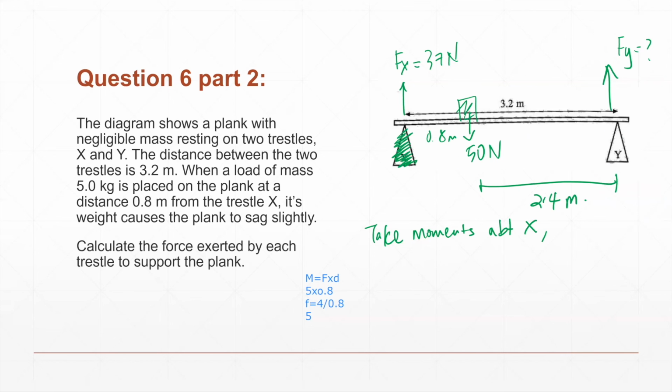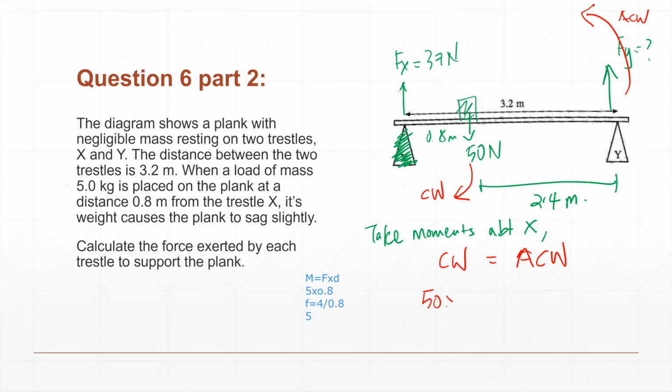So that means you have two forces when you take moments about X. One is this one, and one is this one. So Fy here is causing an anti-clockwise moment. 50 newtons is causing a clockwise moment. So clockwise moment equals anti-clockwise moment. So perpendicular distance is 0.8.